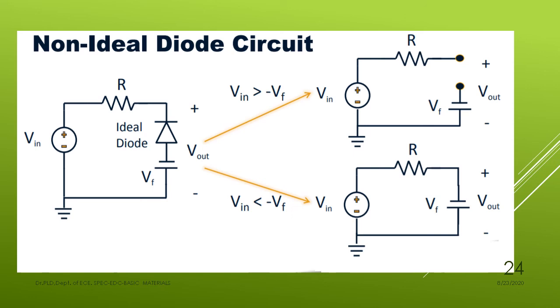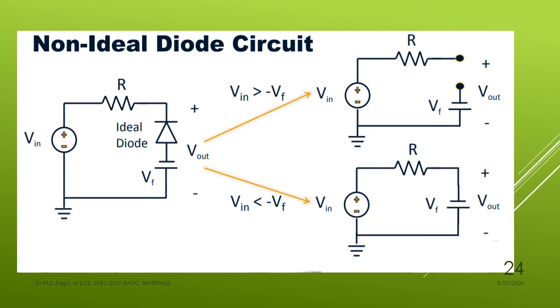If the diode is in off condition, it acts as an open switch here. You can observe this one is open. It is open, which means the output voltage just follows the input waveform. Now, in the second stage, you can observe Vin is less than minus Vf. Suppose we consider Vf as 2 volts.